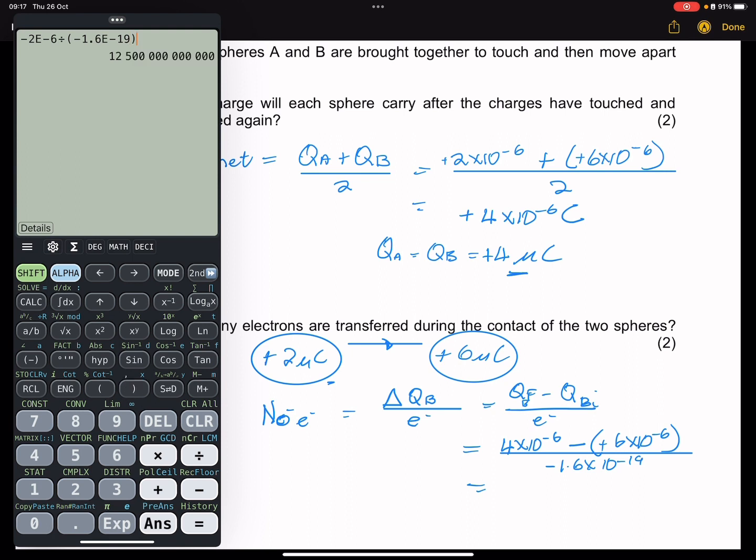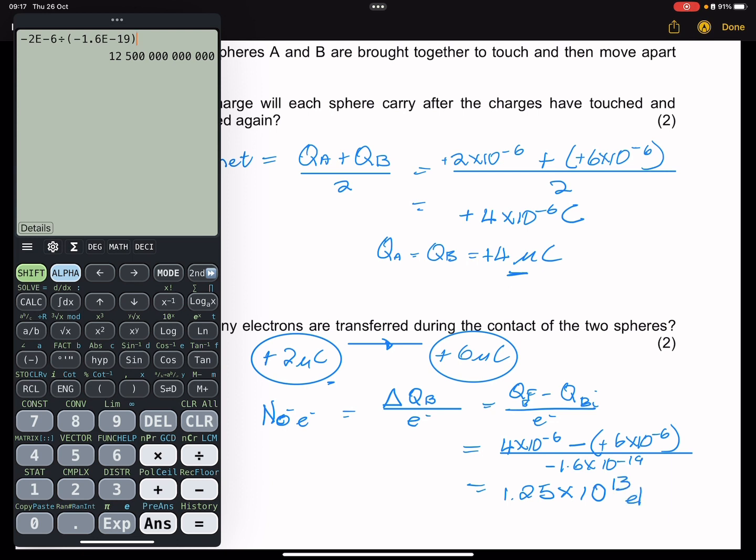So that's a very huge number. That's going to be 1.25. Let's see, that's 3, 6, 9, 12. It looks like times 10 to the power 13. Am I correct?